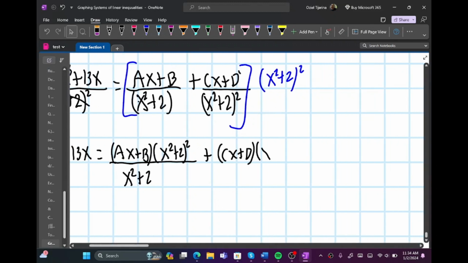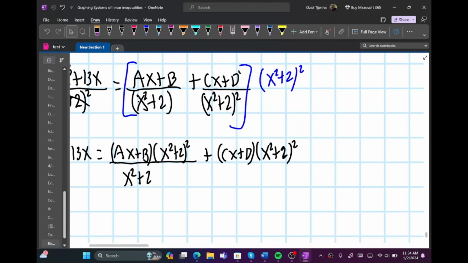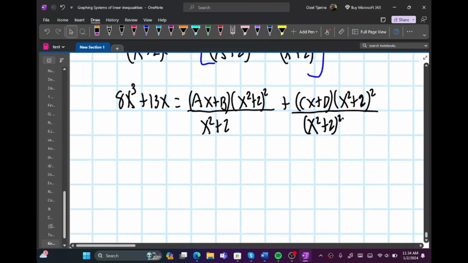I'm just doing this for those of you that don't know how to do this in your head, okay? And then over x squared plus 2 quantity squared. So then we're going to have the following.